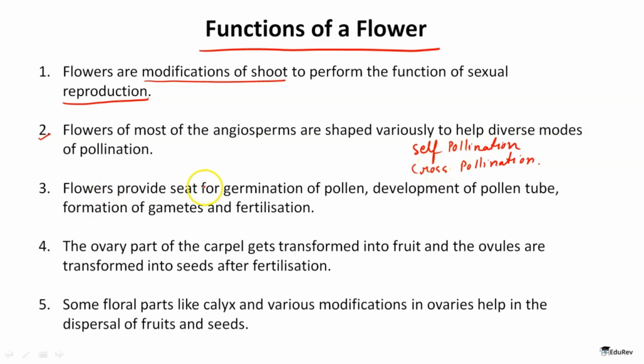Now, flowers provide for germination of pollen, development of pollen tube, and formation of gametes and fertilization, as we earlier studied that pollen sticks to the stigma, right? So these are the processes which flowers provide to the pollens.